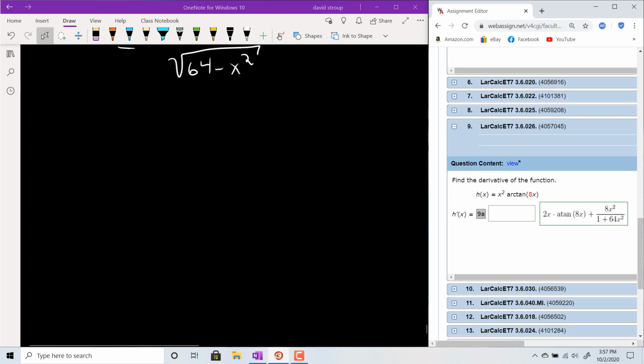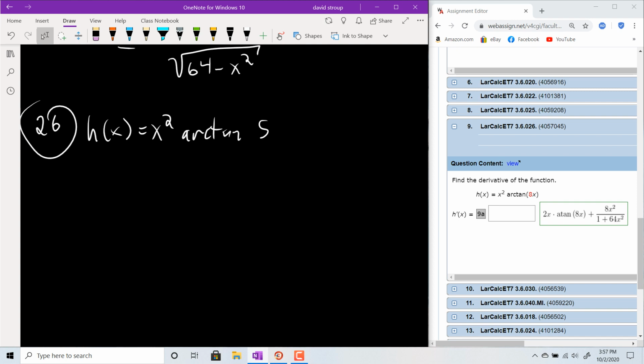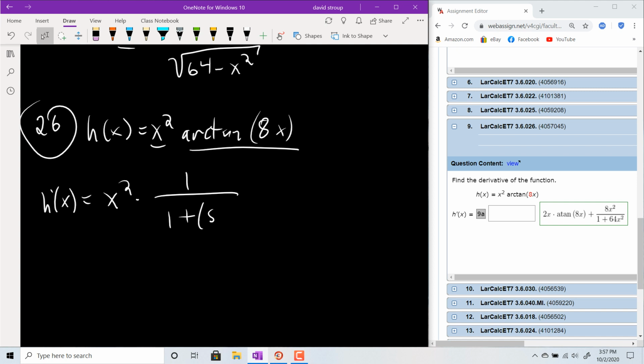So this one looks like it has a product rule involved. This is number 26. h of x is x squared arctan of 8x. Okay, so product rule, and then we're going to need a chain rule on arctan. So h prime of x, leave x squared alone. The derivative of arctan will be 1 all over 1 plus the guts squared, (8x) squared, times the derivative of the guts, which will be 8.